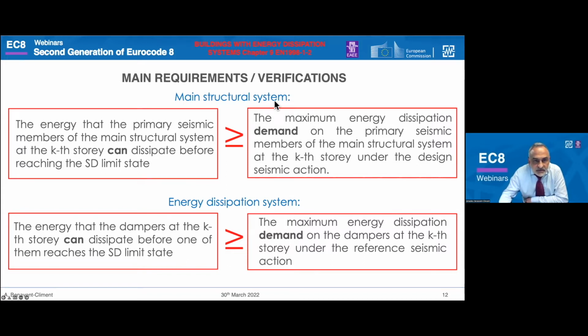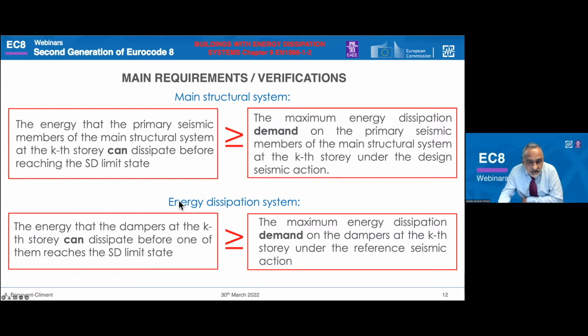Concerning the main structural system, it must be verified that the energy that the primary seismic members of the main structural system at each story can dissipate in this story before reaching the significant damage limit state must be larger or equal than the maximum energy dissipation demand on the primary seismic members of the main structural system on the story under the design seismic action.